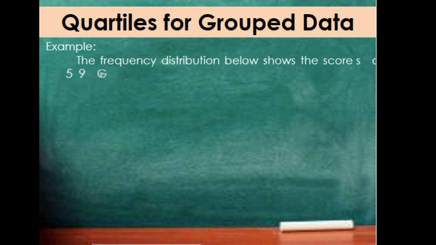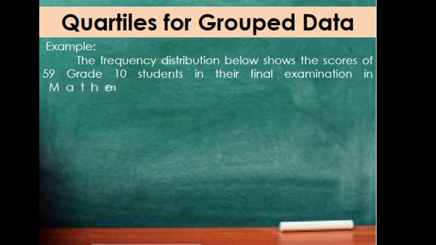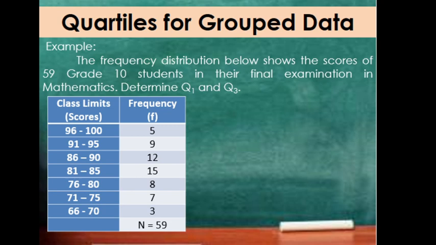The frequency distribution below shows the scores of 59 grade 10 students in their final examination in mathematics. We're going to determine Q sub 1 and Q sub 3, or our quartile 1 and quartile 3. Quartile 1 is the lower quartile and quartile 3 is the upper quartile. So this is the given distribution.